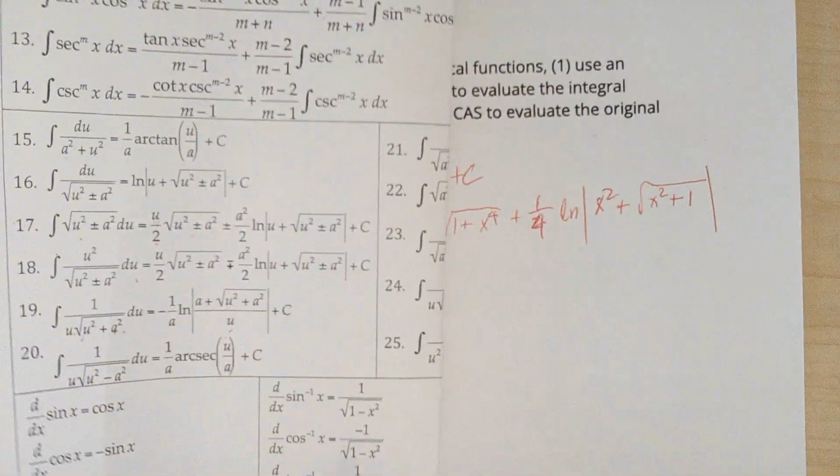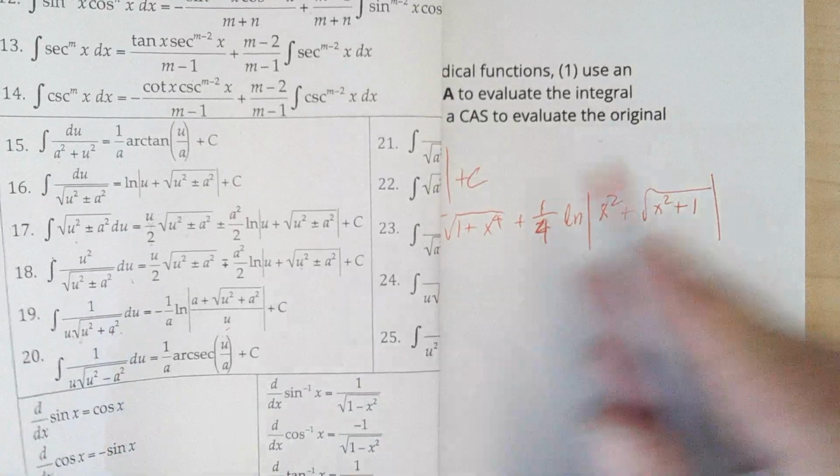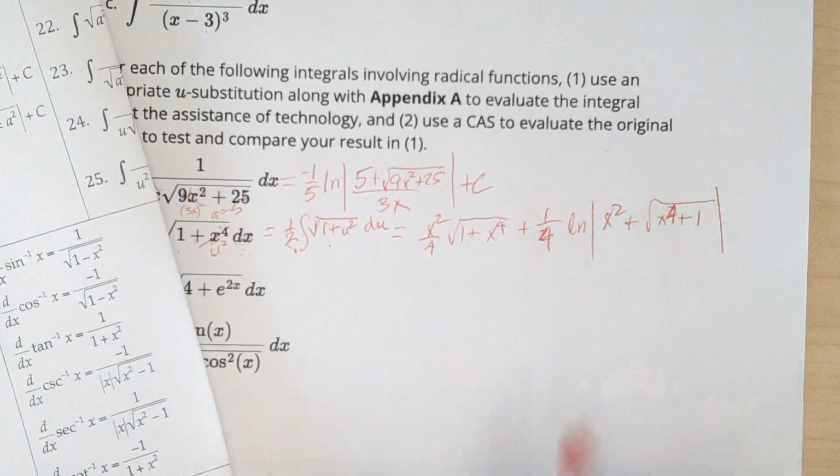Oh, wait a minute. It's u squared, and u is x squared, so this is x to the 4th.